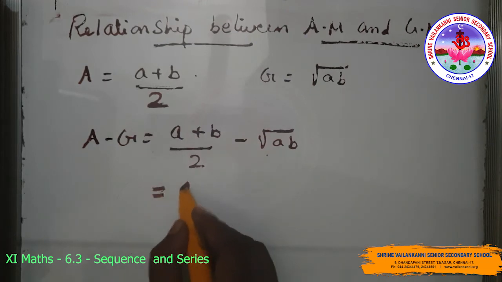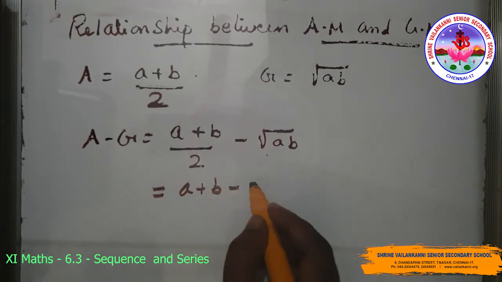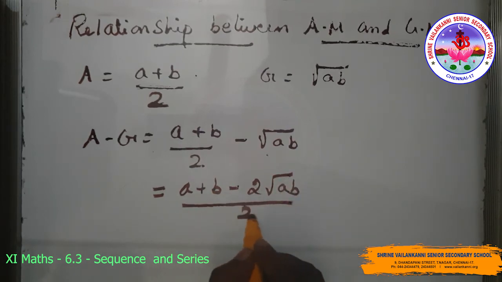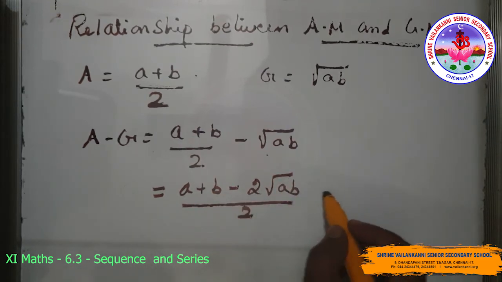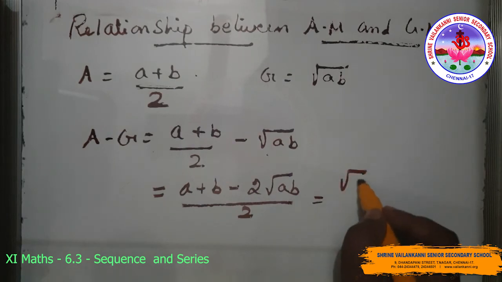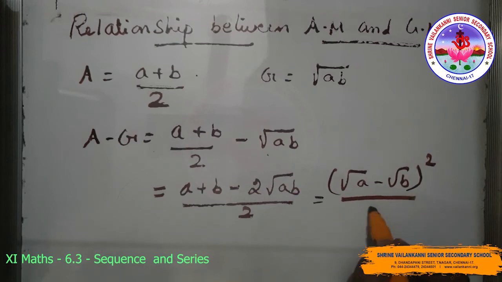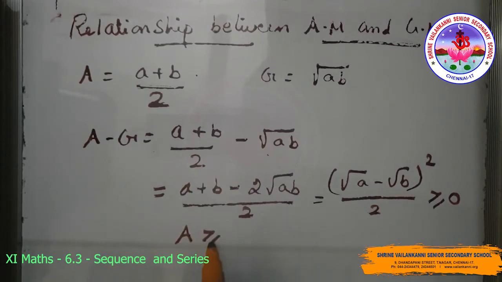So taking LCM, (a plus b minus 2 root ab) by 2, which, using the identity, is equal to (root a minus root b) whole square by 2, which is greater than or equal to 0. Therefore, A is greater than or equal to G.